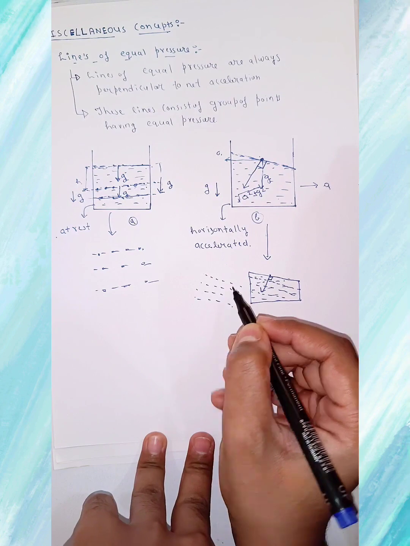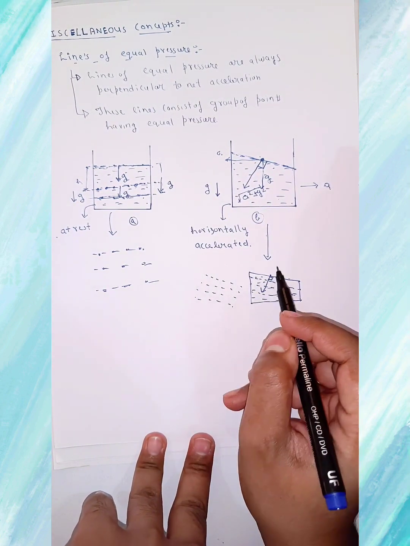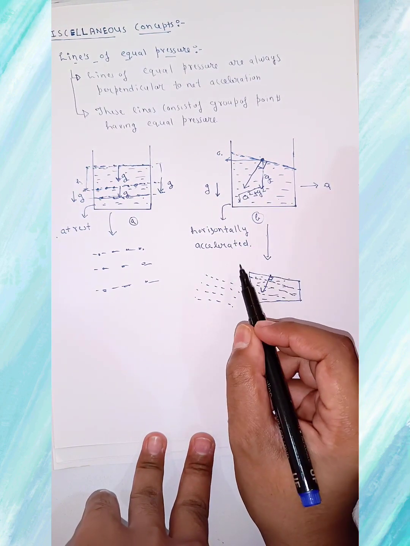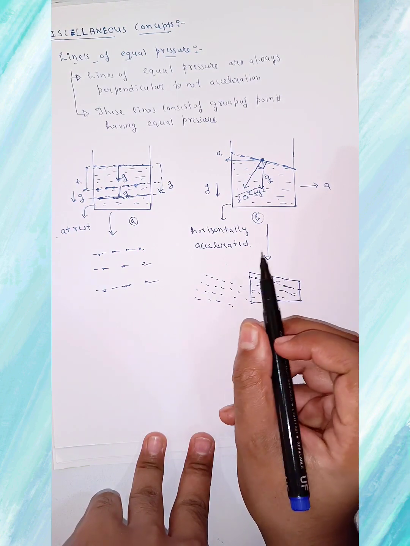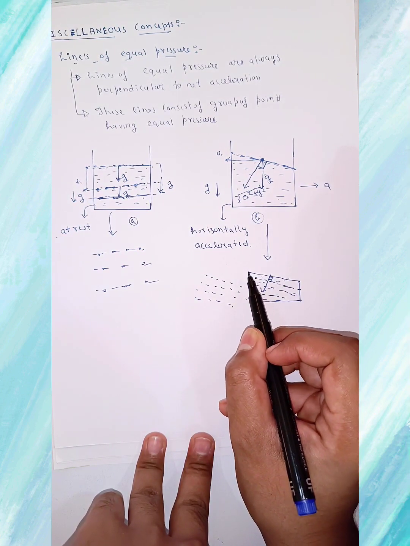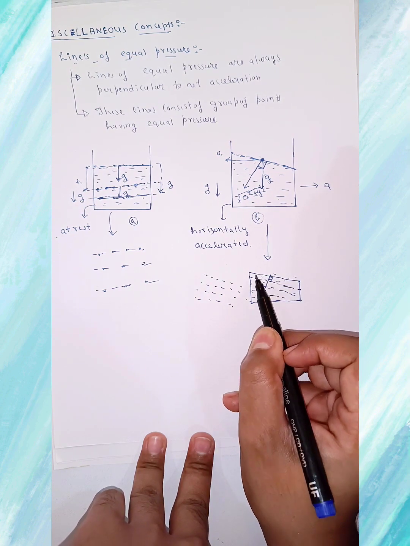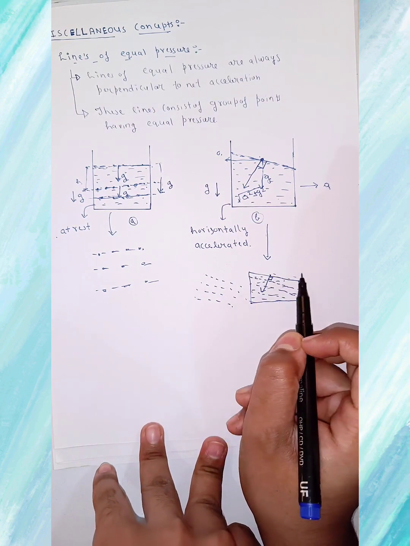It's quite interesting and observable as well that since acceleration exists in both directions this time, the water surface inclines like this, and since the water surface has inclined in this fashion, lines of equal pressure must be parallel to the inclined water surface.